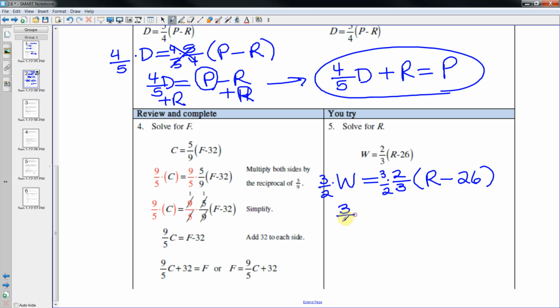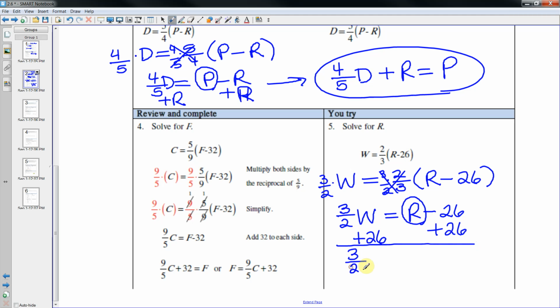So 3 over 2 w equals, those would cancel, r minus 26. It's asking me to solve for r, so it's going to stay frozen. So the opposite of a minus 26 would be plus 26. So 3 halves w plus 26 equals r. So I've just solved for r.